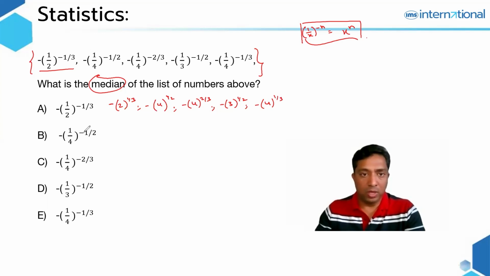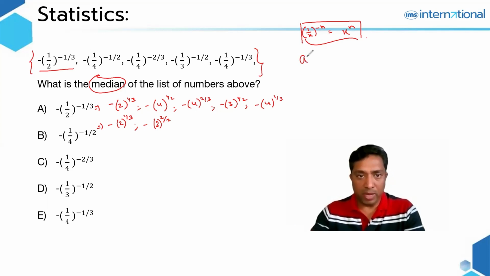Now, what we try to do is get these bases common. 2 can't be simplified any further, so the base is 2 power 1 by 3. But 4, you can write as 2 square. So this turns out to be 2 power 2 by 2, because a power m whole power n is nothing but a power m into n.